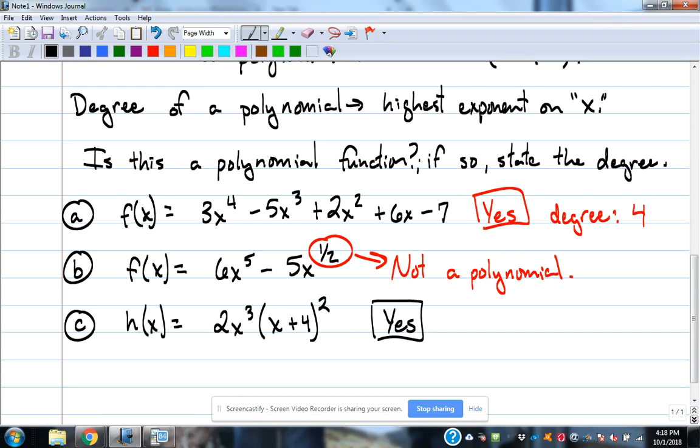So when I multiply that out, that's going to give me x squared plus some other stuff. But x squared is the biggest part of that. The front is x squared. What's x squared times x to the third? X to the fifth. So the degree for this one would be 5. Degree would be 5.